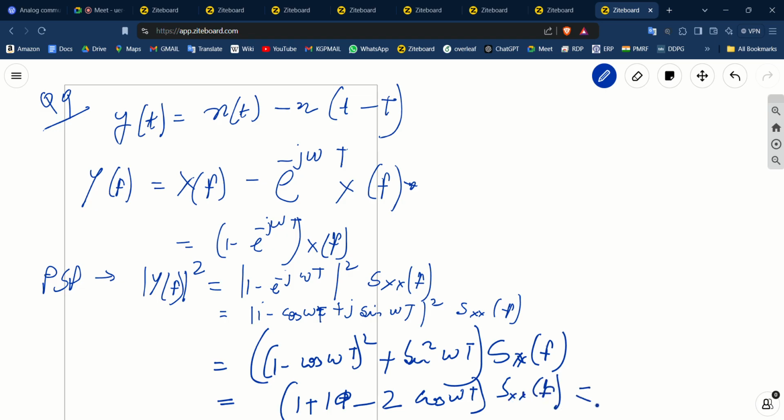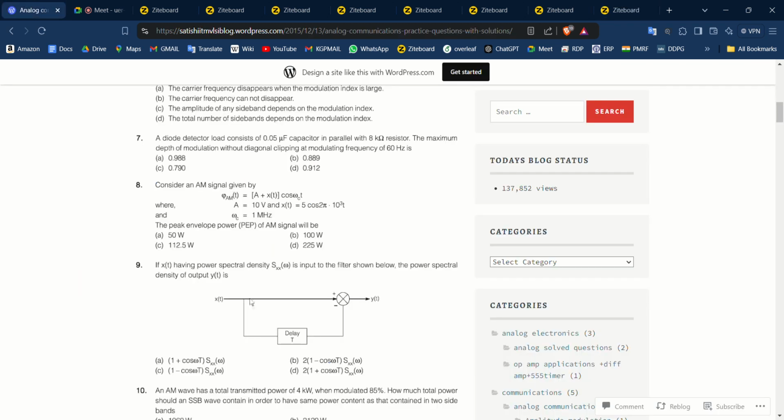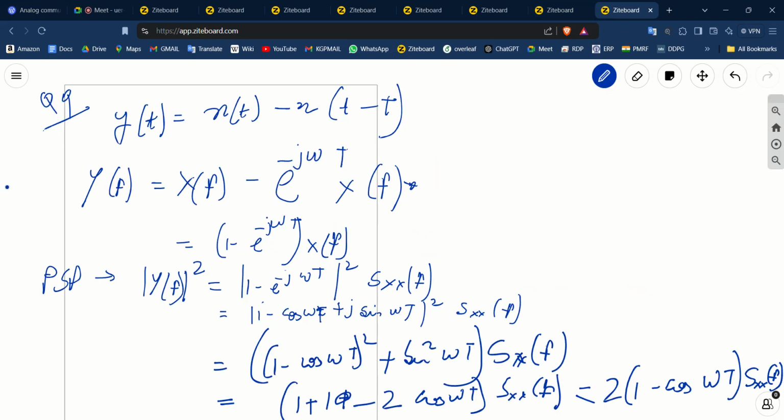So finally we will have 2 (1 minus cos omega T) Sxx(f). So option B. 9 is option B.